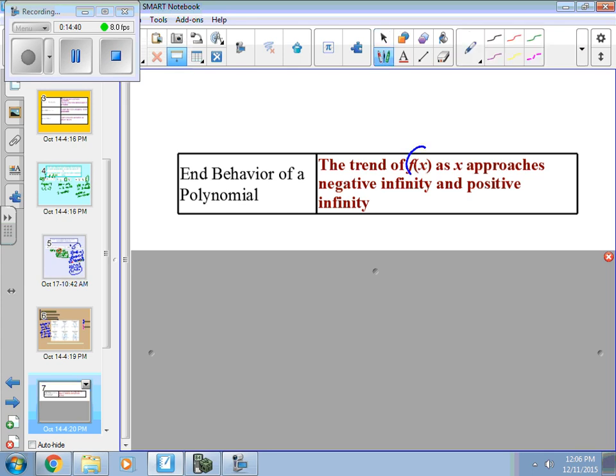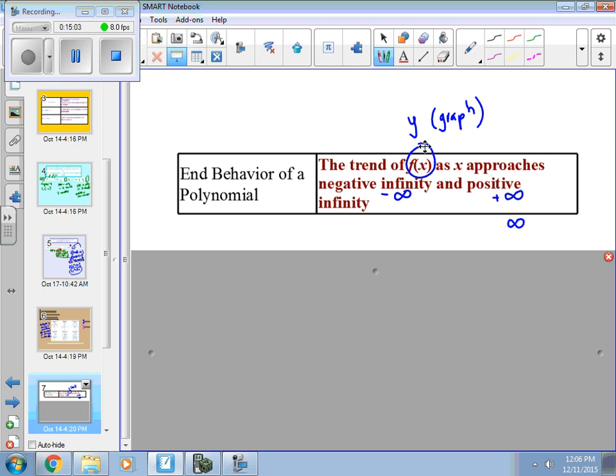F of x, remember, is like y, and that's also talking about what the graph is doing, as x approaches negative infinity and positive infinity. Negative infinity we're going to write like this, and positive infinity we're going to write like this, or just regular old infinity without the plus sign.